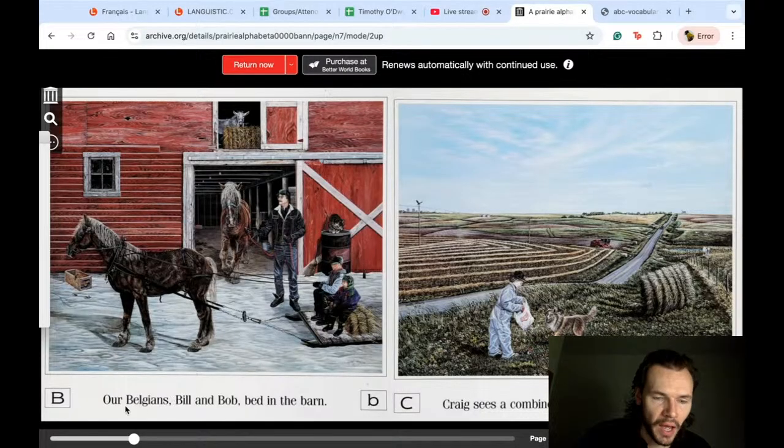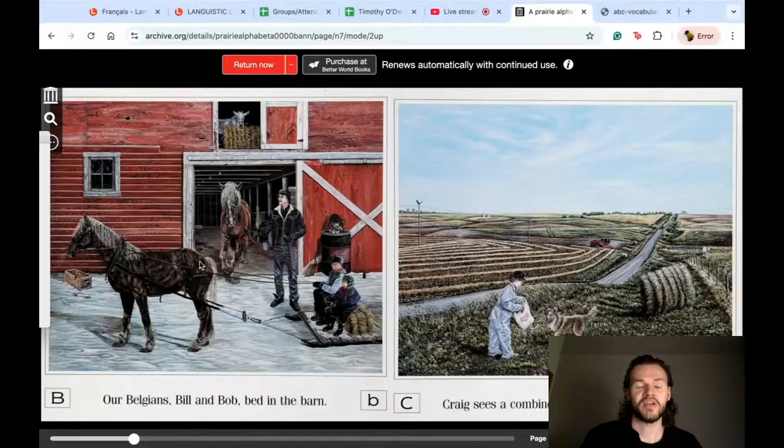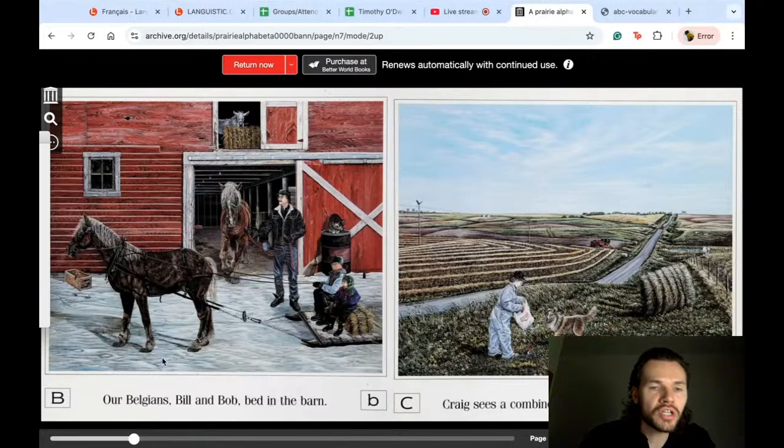So, our Belgians, we're talking about these animals right here. What are these two animals called? Very good. Yes, they are called horses. Horses. They are Belgian horses.